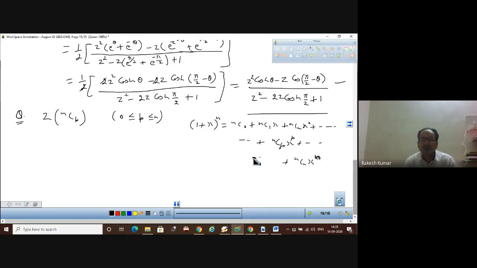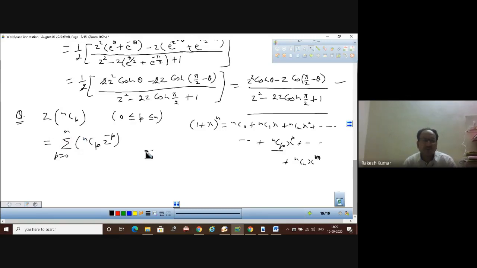So this is the binomial term. In that binomial term, we have this coefficient of the term, and we have to find out its z transform. By the formula of z transform, that is nCp times z raised to power minus p, and p is varying from 0 to n.